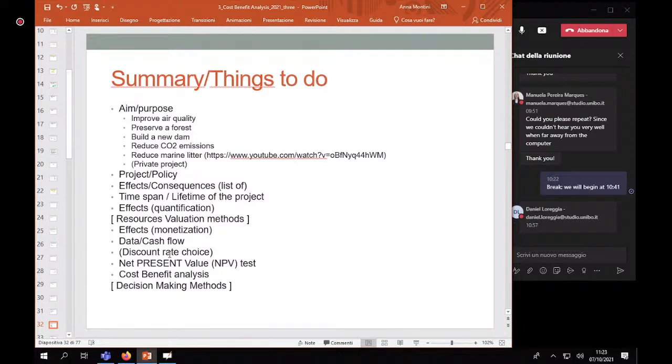Once you have a cash flow, it is quite easy to calculate the net present value. Okay? The same if you have more than one project, so 2 or 3 alternative projects, and the same if you have only one project and the status quo. You have to do the same thing for your project and for the status quo to decide if it is better to go on with the project or to remain with the status quo. Okay?